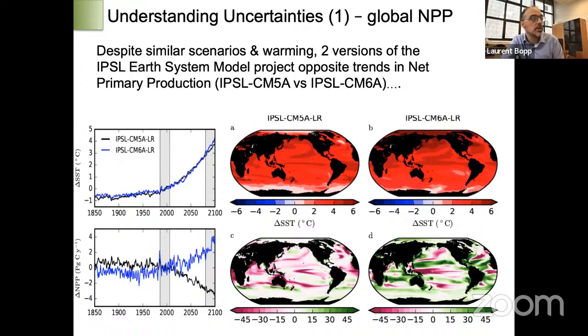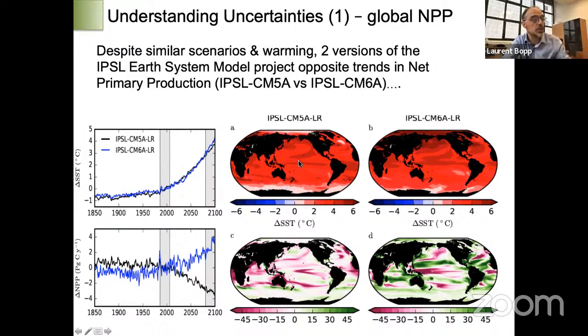I'm comparing here two versions of our climate model, the IPSL climate model, the one that did participate in CMIP 5, which is IPSL CM5, and the one that did participate in CMIP 6, which is IPSL CM6. In both cases, those two models did include PISCES as the biogeochemical component, but two different versions of PISCES: PISCES V1 in CMIP 5 and PISCES V2 in CMIP 6.